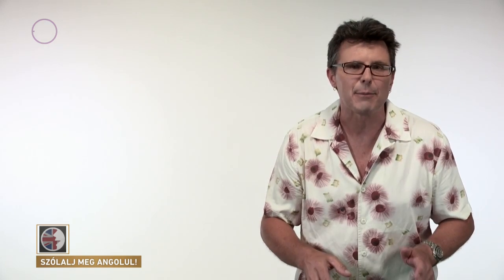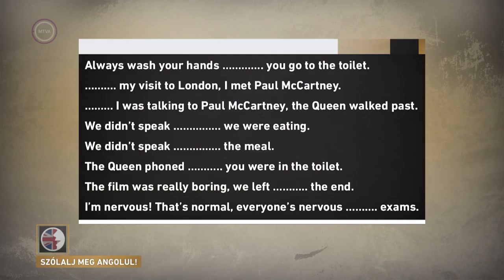Did you wash your hands? So we all know that before we eat something, it's not important if we're about to eat breakfast or lunch or dinner. What is important from a hygiene point of view is that we wash our hands. Great! So, we've done the first one. Now, it's up to you to finish the rest. On your marks, get set, go!